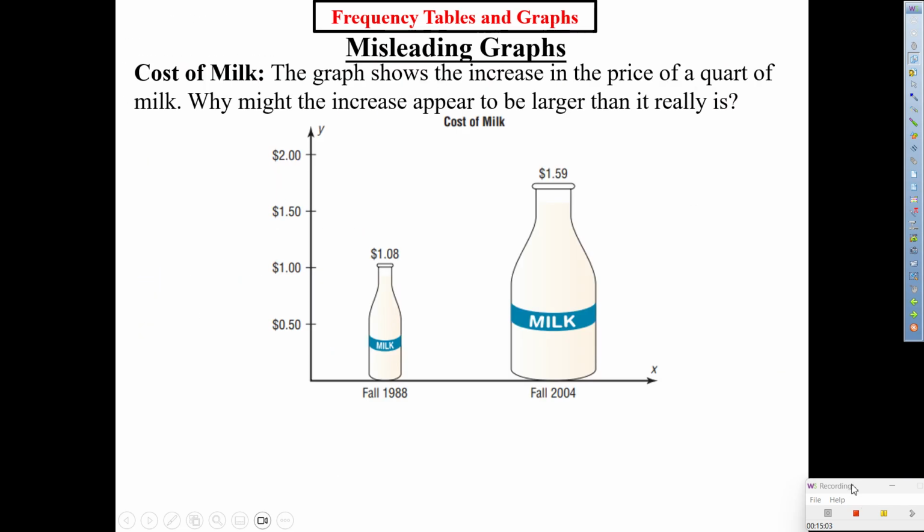All right, so let's look at a misleading graph. It says the cost of milk. The graph shows the increase in price of a quart of milk. Why might the increase appear to be larger than it really is? Talk to your neighbor.